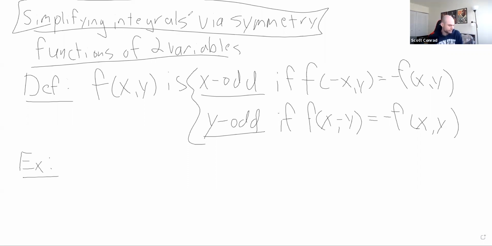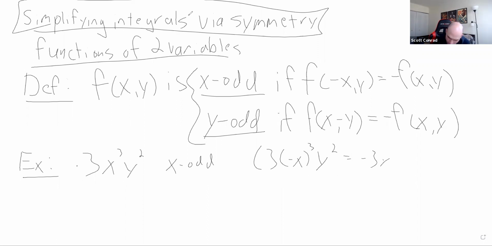So for example, 3x cubed y squared is x odd, right? If we change x to negative x, we get 3 times negative x cubed times y squared. And negative x cubed is negative x cubed, we can just pull that out.